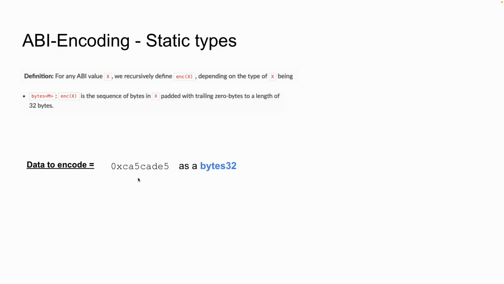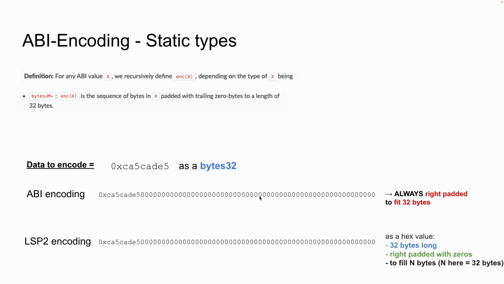Let's look at an example. Here with this value, which is basically 1, 2, 3, which is 4 bytes long. If we encode that as a 32 bytes long value with ABI encoding, the data is going to be on the left, and it's going to be padded on the right side to fit 32 bytes.